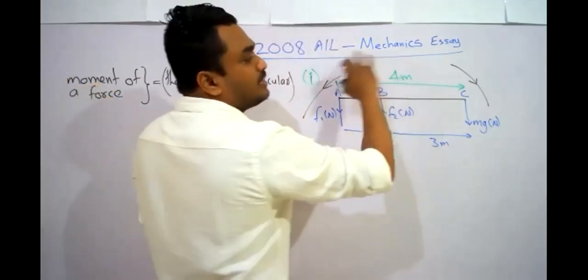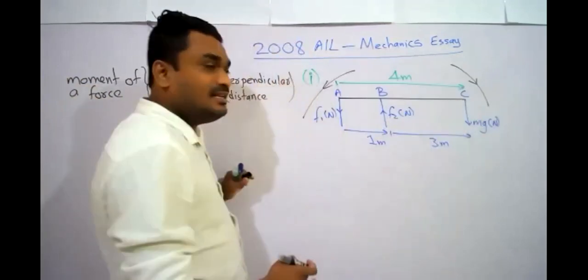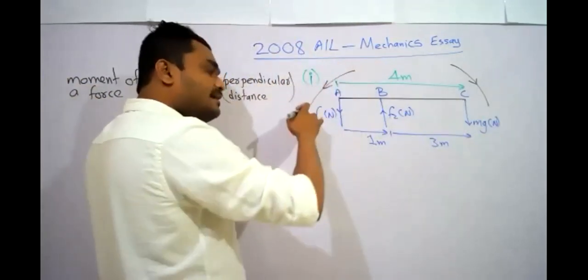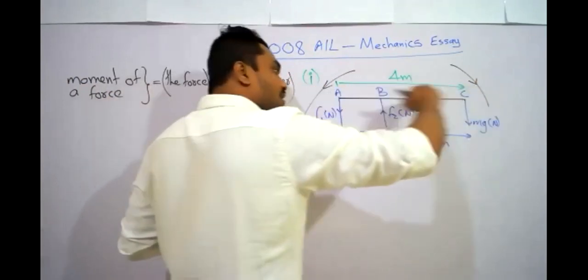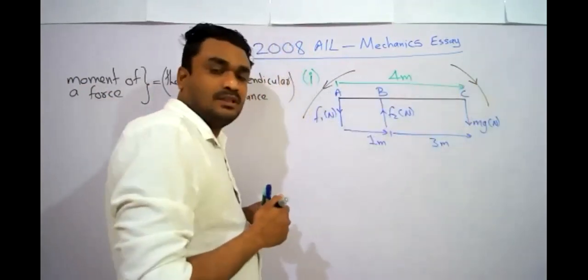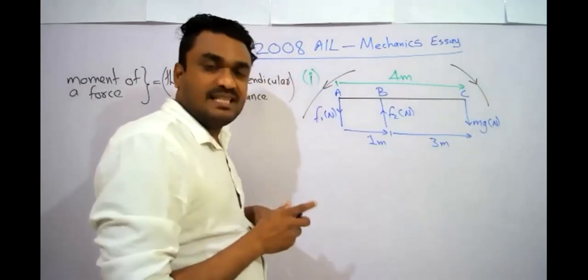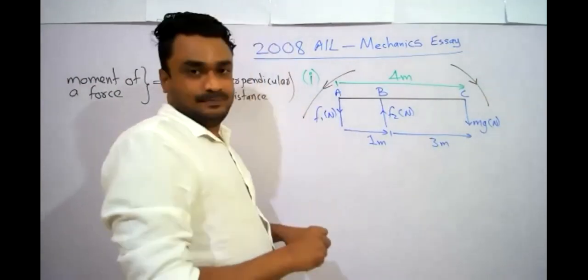If the rotating effort in the clockwise direction is equal to the rotating effort in the anti-clockwise direction, the rotating efforts cancel out and the rod will be at rest. The rod will be at rest horizontally, which is said to be equilibrium.